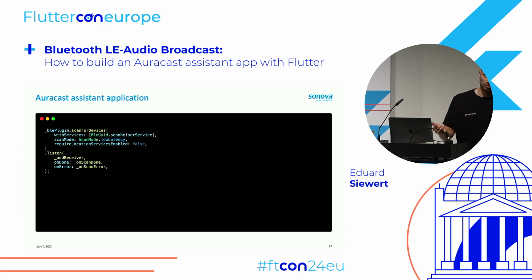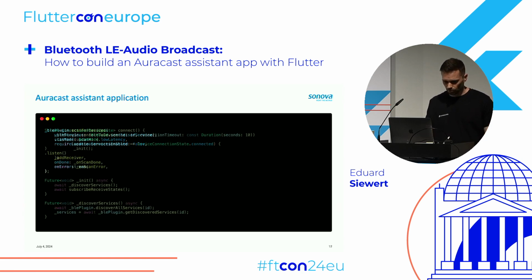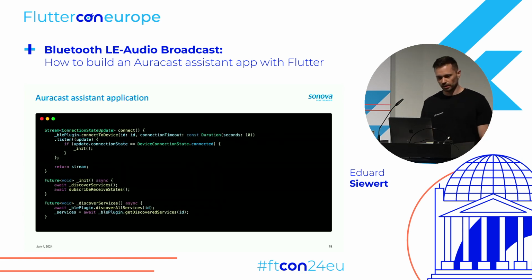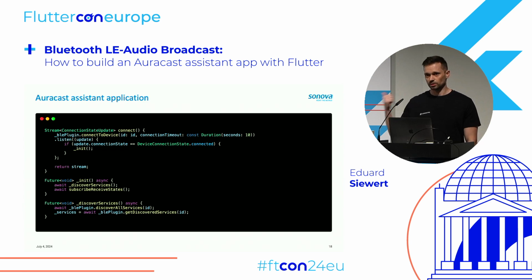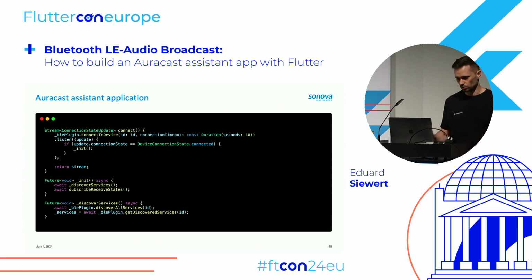So before we can connect, we need to scan for it. So we scan for our receiver. Once we have found it, we connect to it by using the connect to device method here. And the first thing that we do once we have connected, we run a service discovery because we want to find our Broadcast Audio Scan Service.